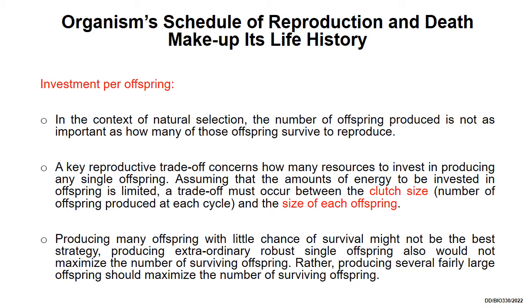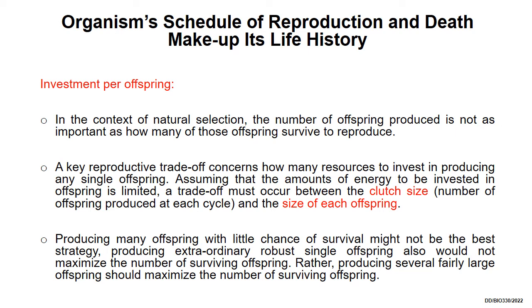Assuming that the amount of energy to be invested in offspring is limited, a trade-off must occur between the clutch size and the size of each offspring. What is clutch size? Clutch size is the number of offspring produced at each cycle. Which one is better? Clutch size or the size of each offspring?